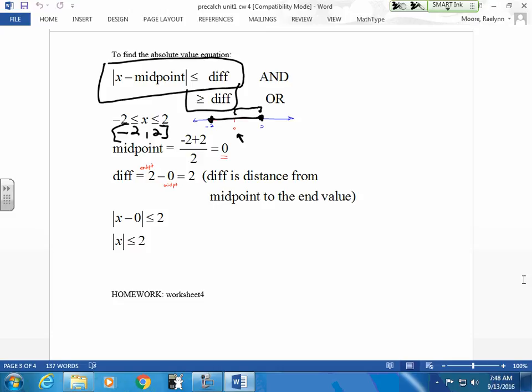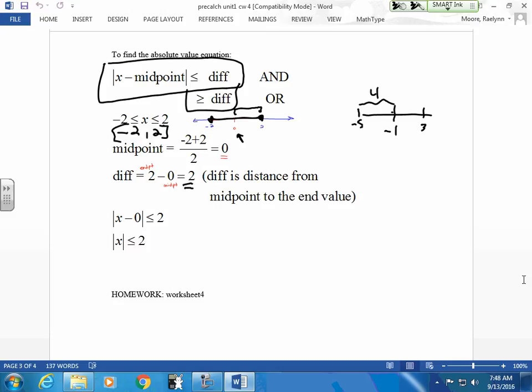It's probably easier to look towards the positives than towards the negatives. Because sometimes you're not really sitting at the 0. Your midpoint may be here, -1. In this case, you might want to look towards here and give me a 4, because this one would be a +3. It would be a little harder to see. So whichever one is easier to see, find the difference.